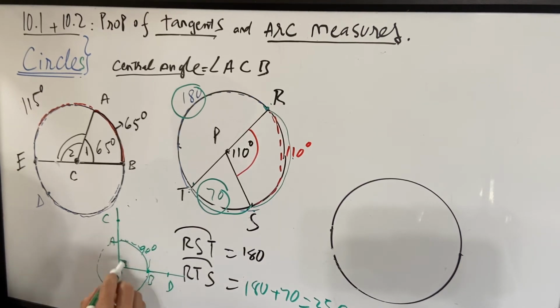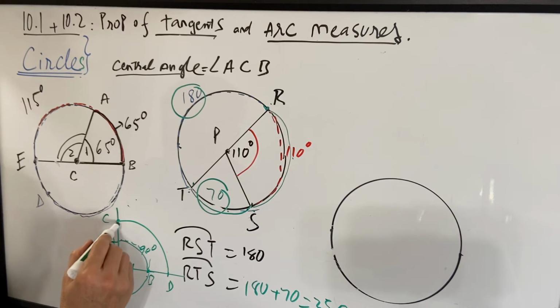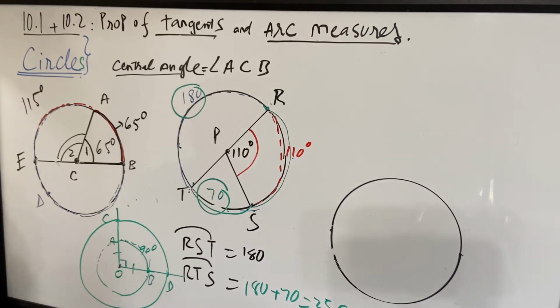And then another circle, same center. Now talk to me, guys. Here we have arc AB. Is it congruent to arc CD?